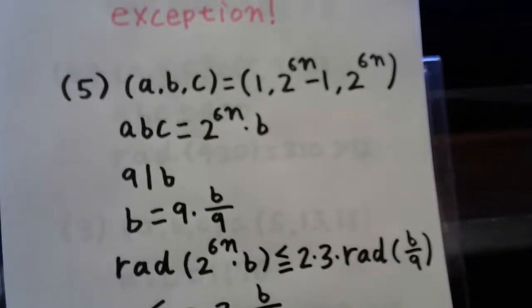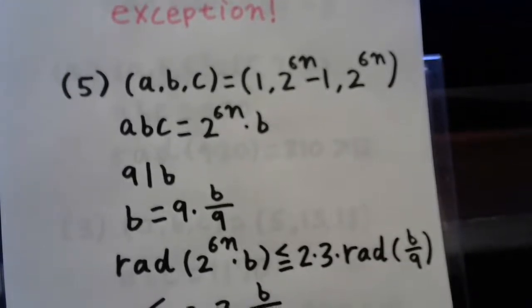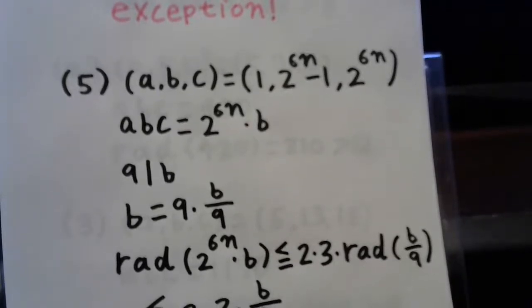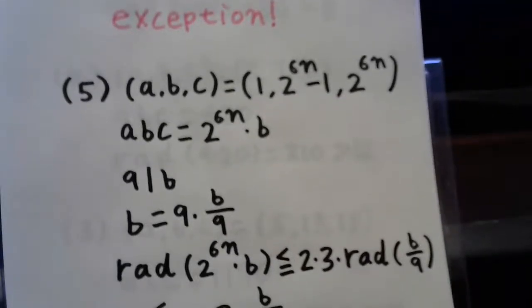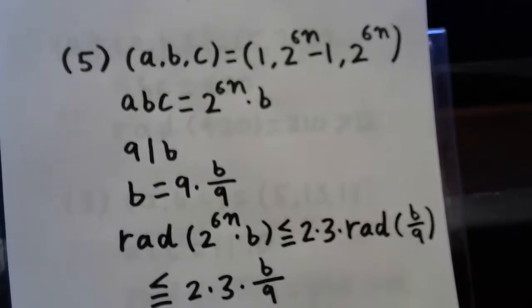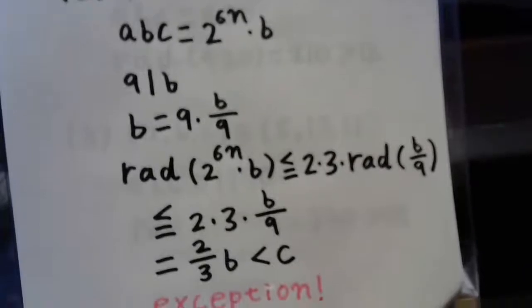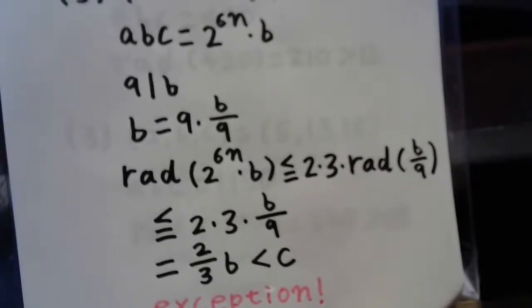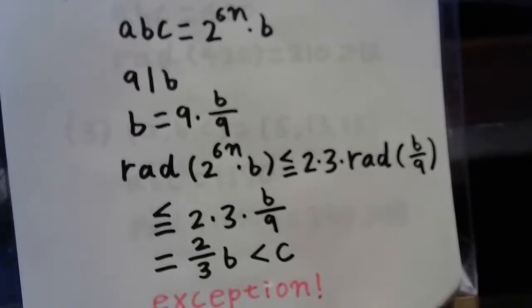So radical of 2 to the 6n times b is less than or equal to 2 times 3 times radical of b over 9, which is less than or equal to 2 times 3 times b over 9, which is equal to 2 over 3 times b, which is less than c.